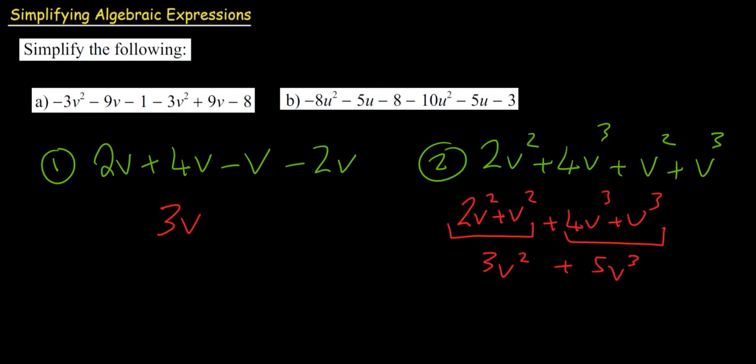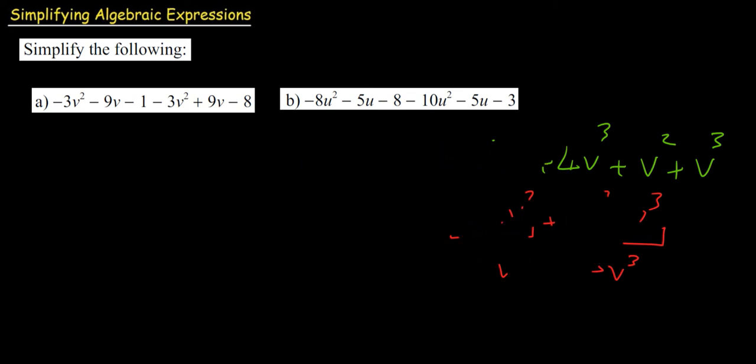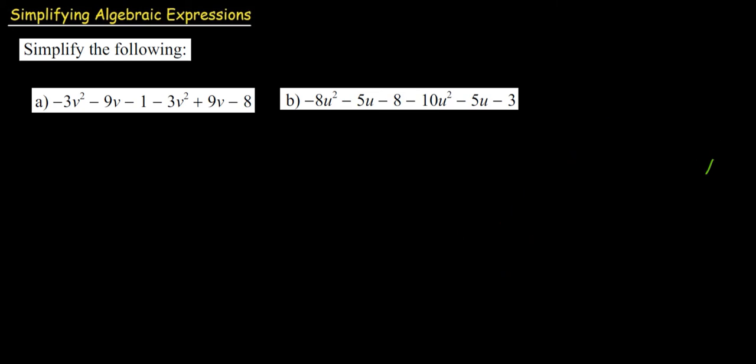Okay, so pause the video and see if you can do A and B. Okay, so hopefully you've done A and B. So let's circle the like terms. So we've got v squared, v squared.